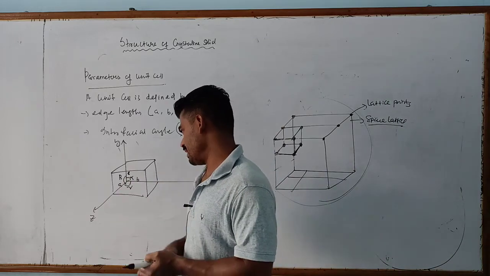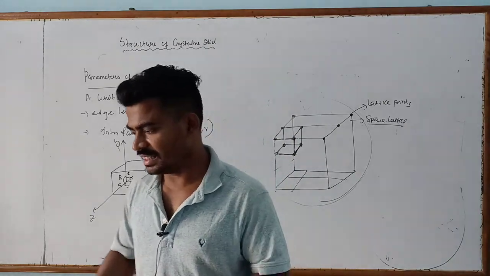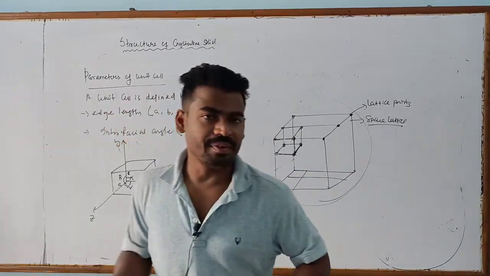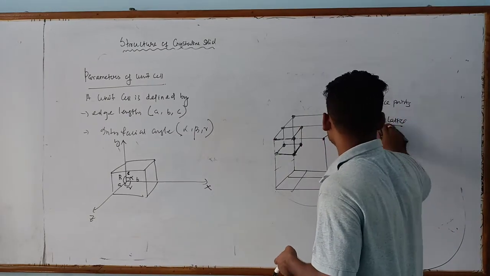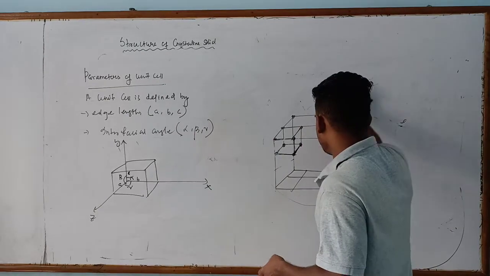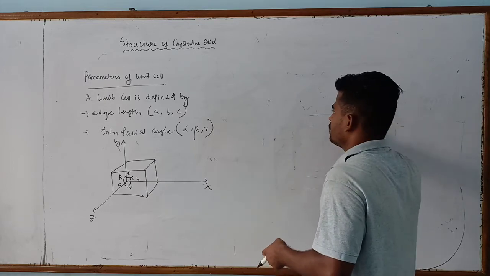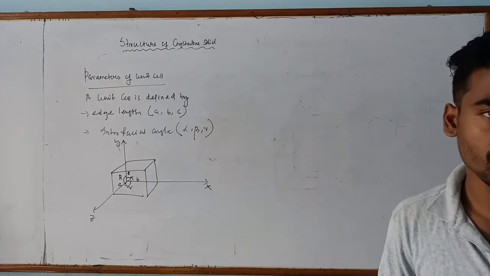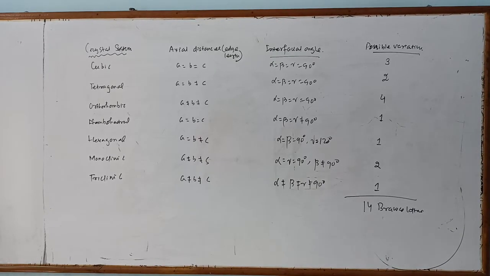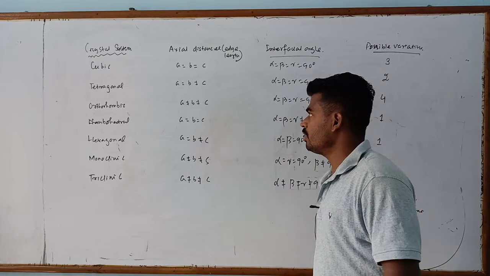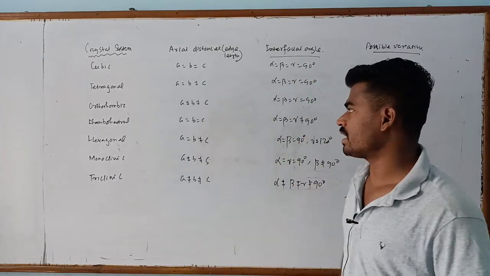and depending upon the variation of these interfacial angles and a, b, c, that is edge lengths, there exist 7 types of crystal systems or 7 types of crystal geometry. Right now I am representing these 7 crystal systems. You see these are the 7 basic crystal systems, and their edge lengths and interfacial angles are given to you.